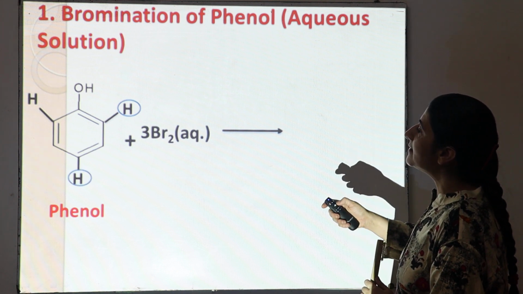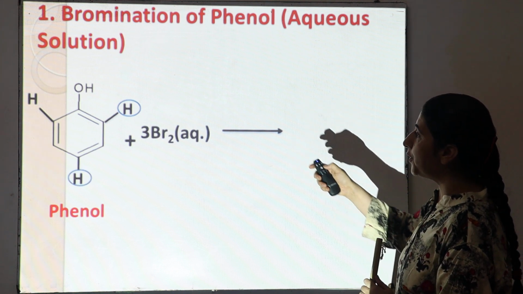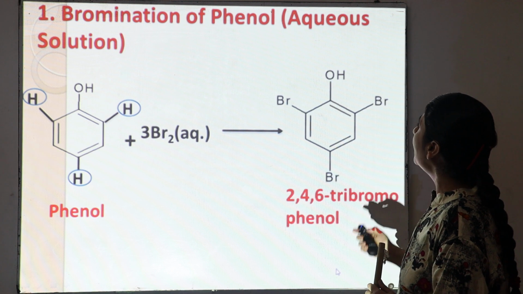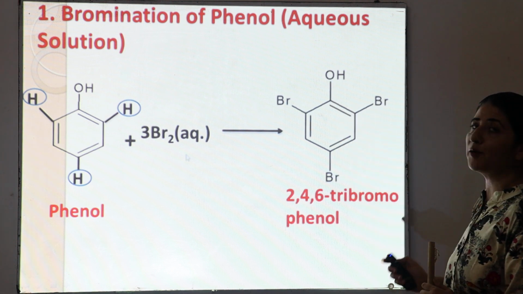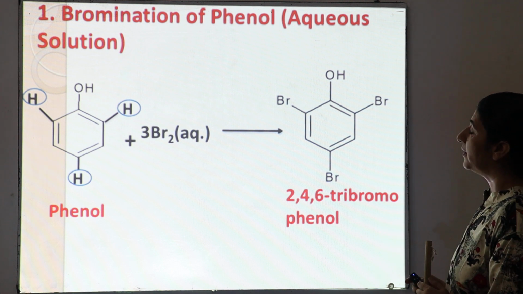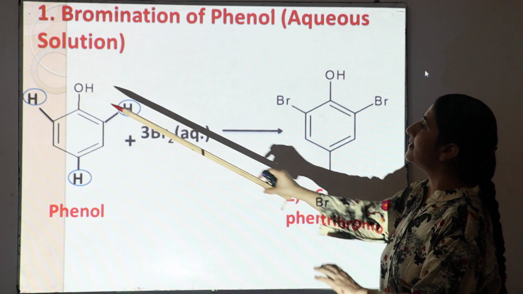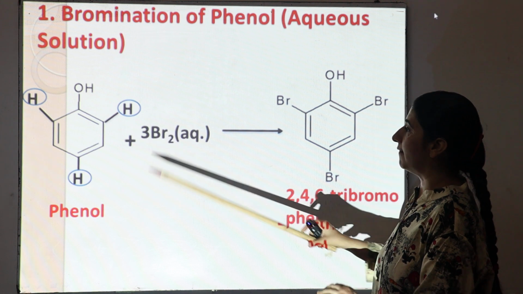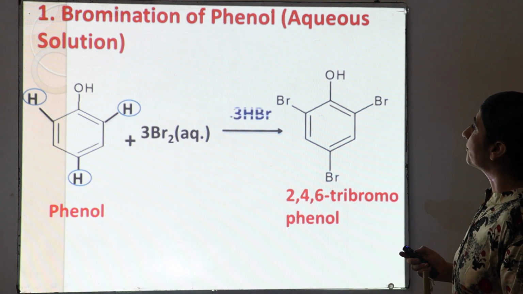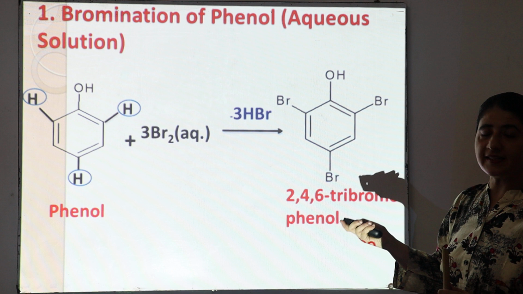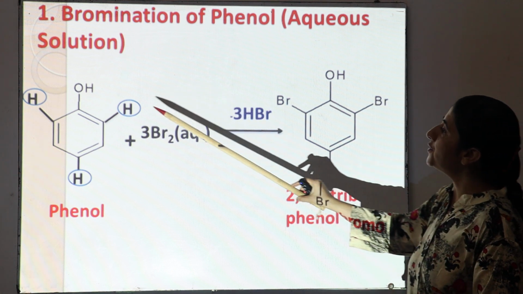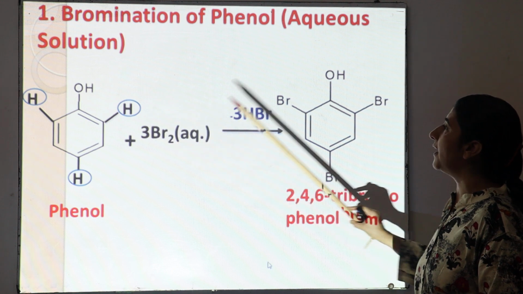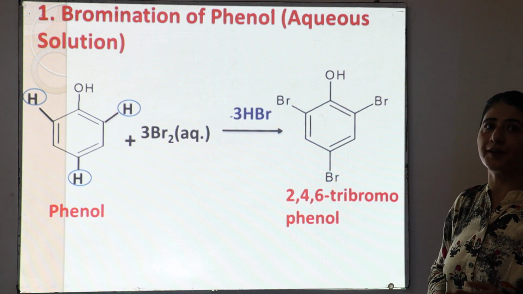So when it replaces all the 3 hydrogen atoms, we get a tri-substituted product, meaning 2,4,6-tribromophenol, with the elimination of 3 HBr. This is an example of electrophilic substitution reaction, because a hydrogen atom is replaced by Br positive, which acts as the electrophile.